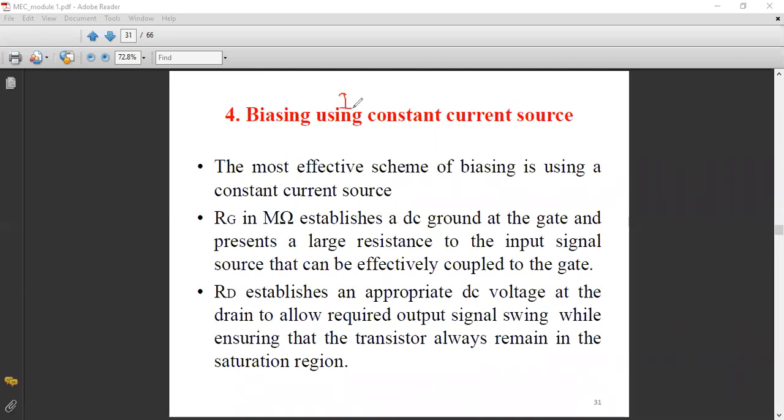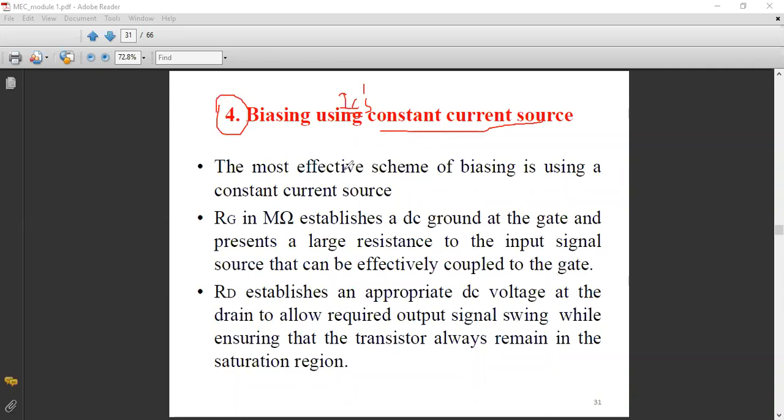As you already know, ICs are more complicated circuits, where many circuits are integrated together on a single silicon chip. So for biasing an IC, we require somewhat complicated and effective schemes, that is, by using the constant current source. So this is the fourth biasing technique that we have.